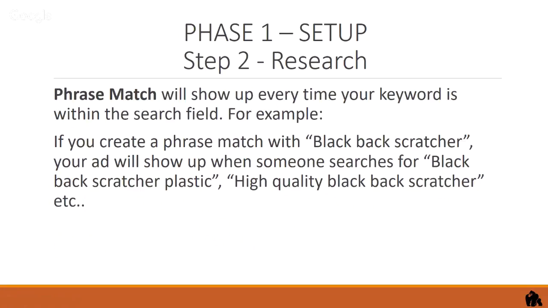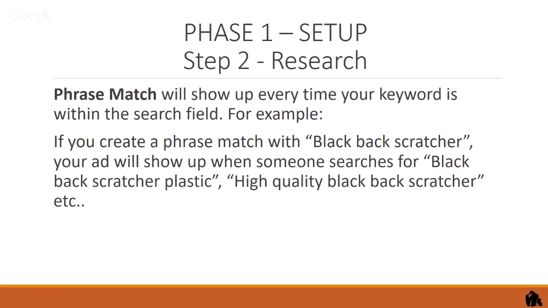So if I'm targeting black back scratcher, I'm just going to go over this again. Black back scratcher, that's my term that I'm paying for. That's what I want to rank for.